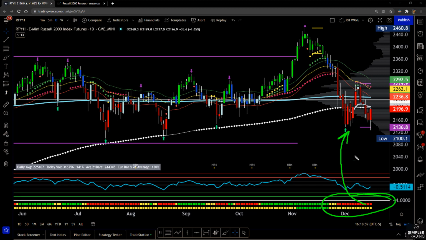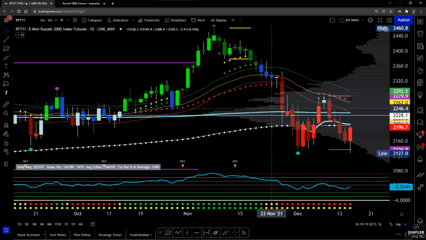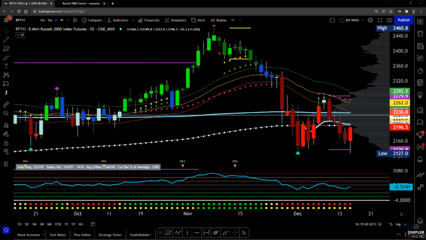If this turns into a downtrend, that means that we will likely have a red lower row on this JT multi. So now what? Well, if this is the range that we're in, this is the resistance that we're looking at in this area. And I would probably ratchet that in a little bit more to this lower area here on the RTY.